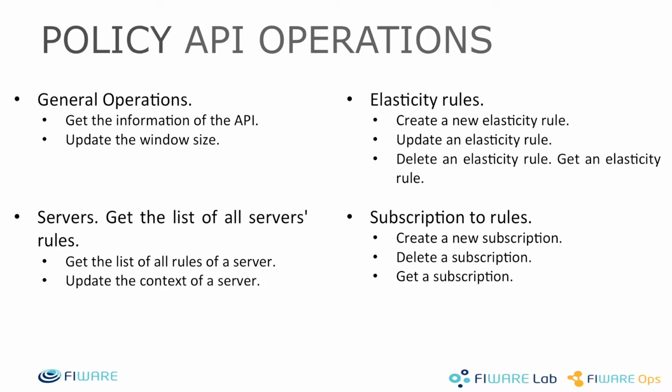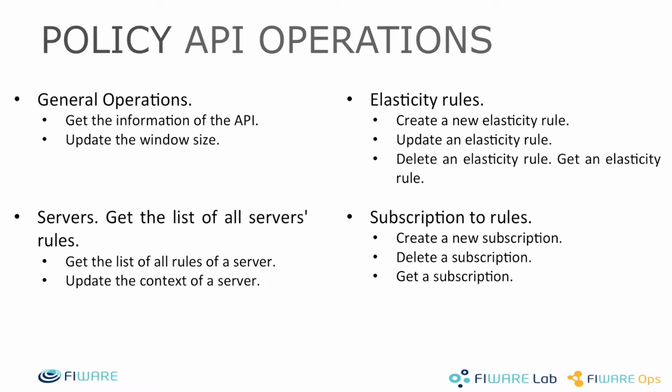Other operations are about elasticity rules. We can create, update, get, or remove a rule. About servers, we can get lists of all servers of a tenant or get all rules of a single server.